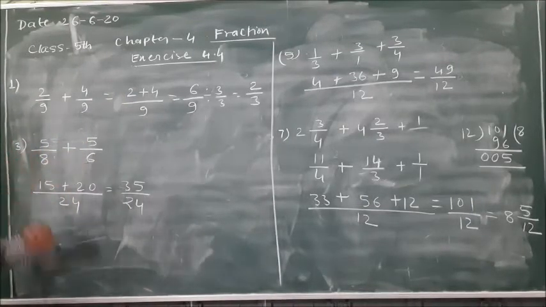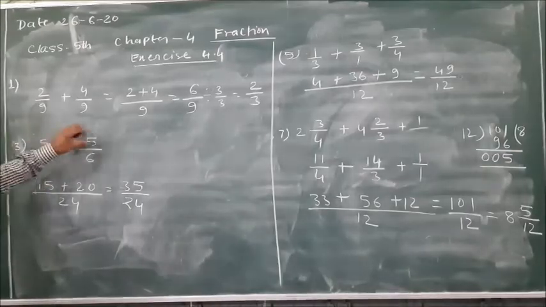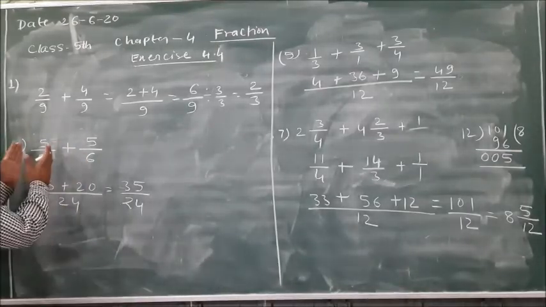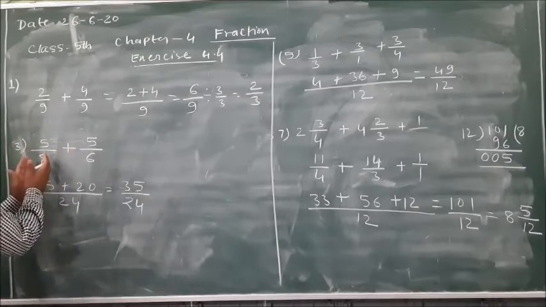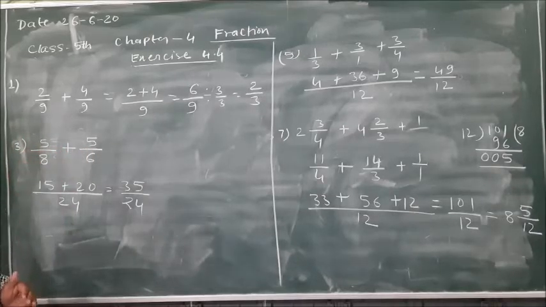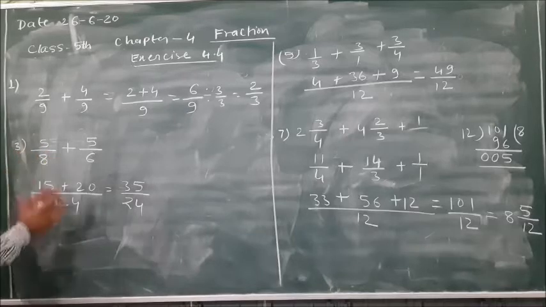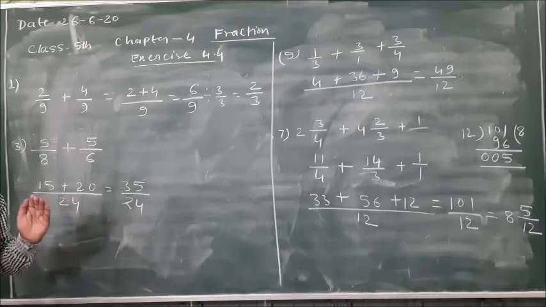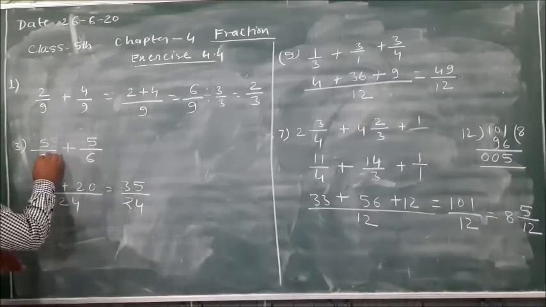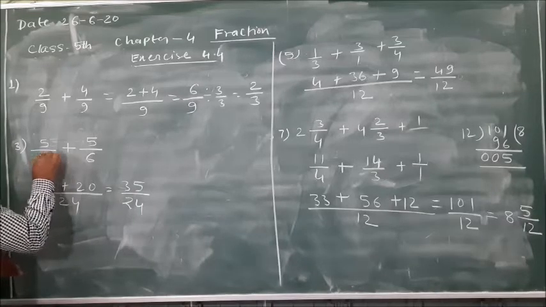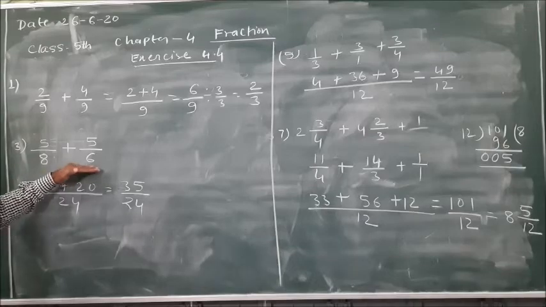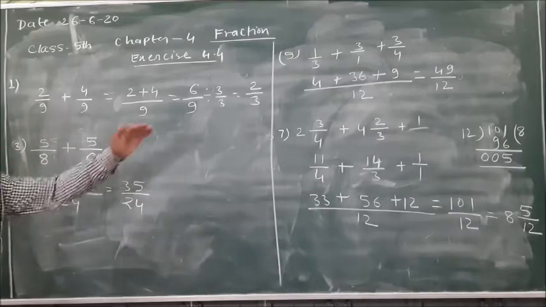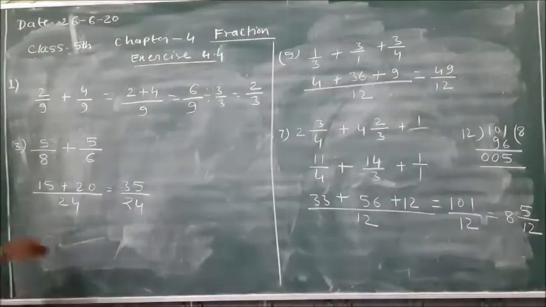Here the denominators are not equal but the numerators are equal. But here we do not compare one fraction to another fraction; here we add, we find the sum. So if denominators are not equal, then we find the LCM of both denominators, or of 3 or 4 denominators.